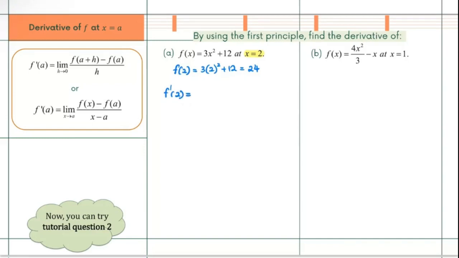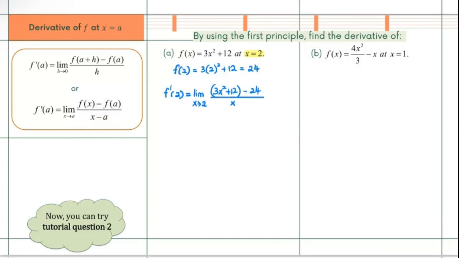So f prime of 2 will be equals to limit as x approaching 2 untuk fx. Fx kita adalah 3x square plus 12 minus dengan f of a. F of a, fa saya adalah 24 yang kita kira tadi, divided by kat bawah ni adalah x minus a.